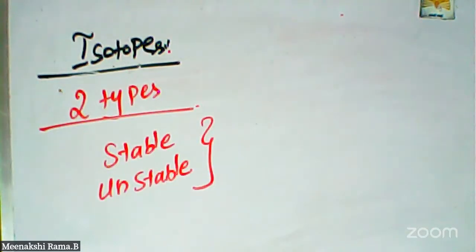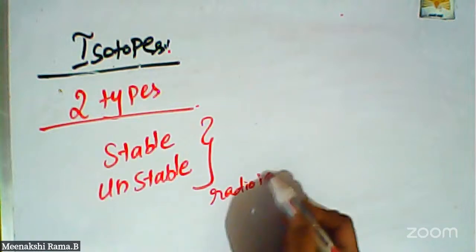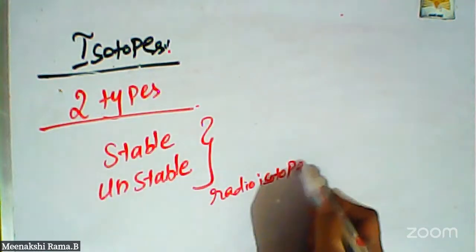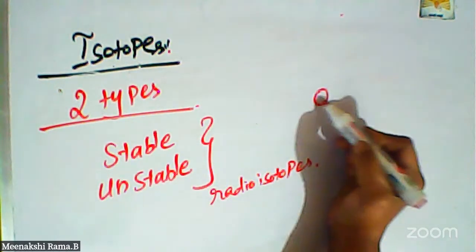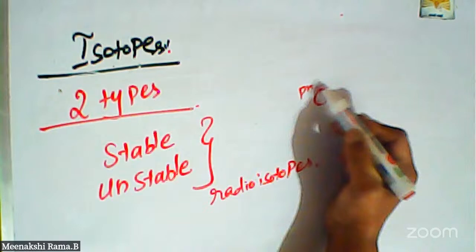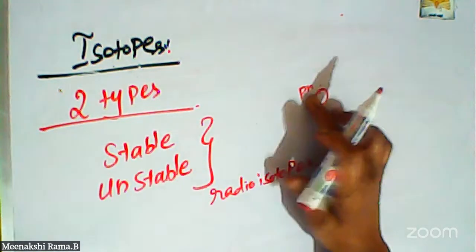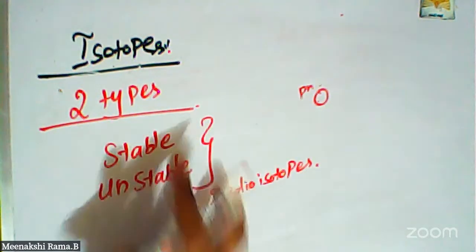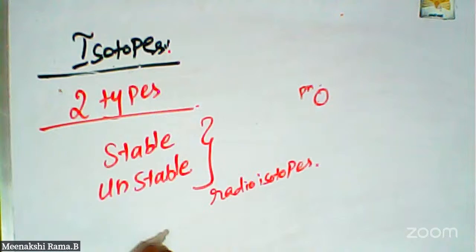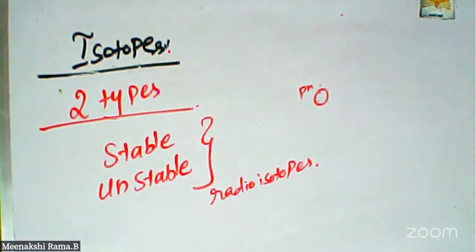That type of isotope is called a radioisotope. The center part of the nucleus contains protons and neutrons. When we increase the number of neutrons, the stability also changes. In that manner, we can conclude which isotopes are stable and which are unstable.